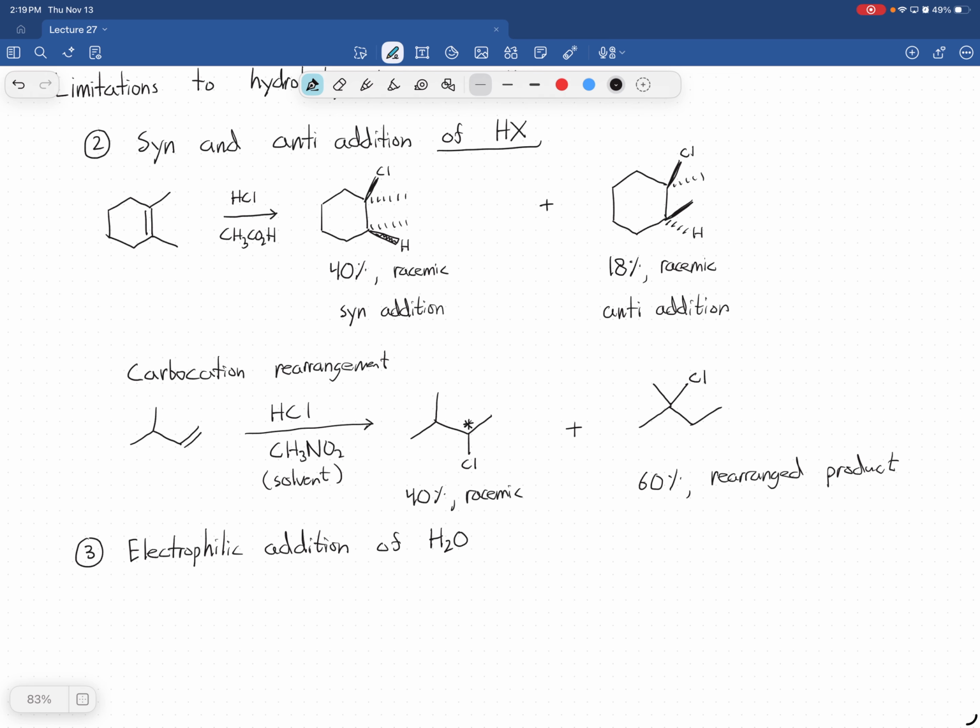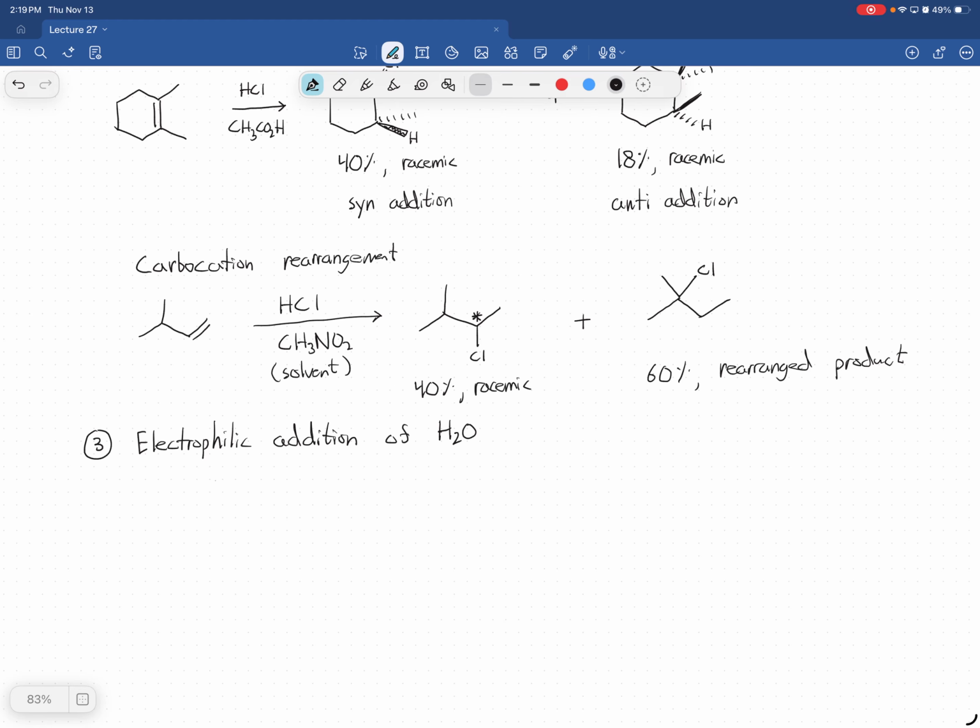All right, so it can be water, it can be an alcohol. You'll get similar reactivity, similar product patterns here. Okay, so the case for this one, you need an acid catalyst. So acid catalyzed hydration.